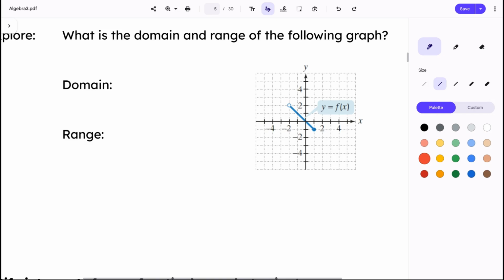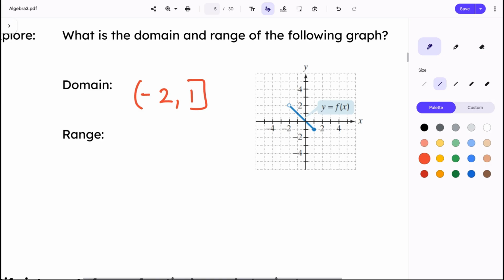Watch for your open and closed circles here. Let's start with domain, your x values. How far to the left and how far to the right are my numbers going? Negative 2 to 1. Do I have parentheses or brackets? Good.